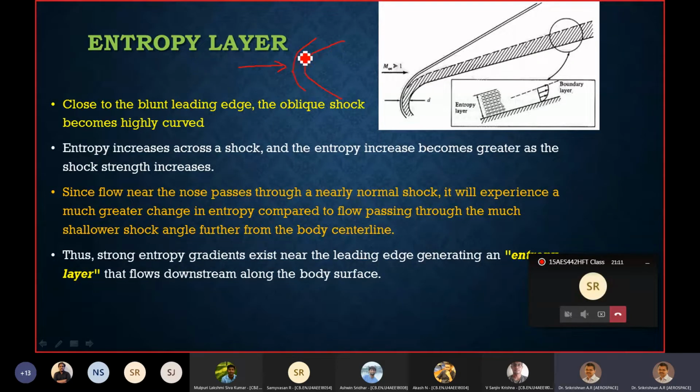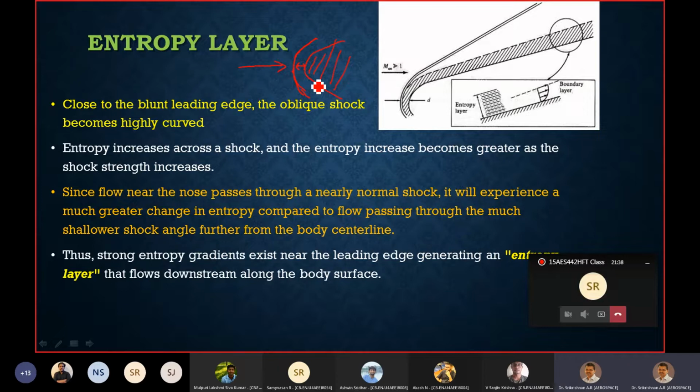Okay, let me ask you. What do you mean by a bow shock? Anybody? So I have a solid body like this, which leads to the formation of a bow shock, a detached shock like this. Now, what characterizes a bow shock?